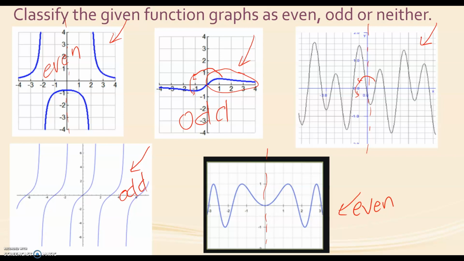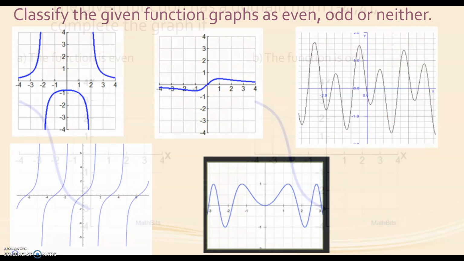So this is not an odd function either, even though it looks like there's some type of symmetry to it, but it's not the symmetry we want. So what do you call this? Well, you call this neither. It is neither even nor odd because it doesn't fit either's definition. Did you guess right? Okay, let's move on to the next one.